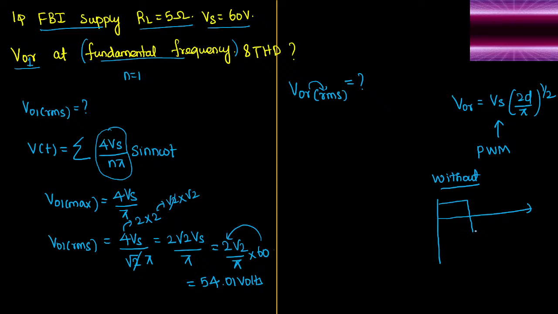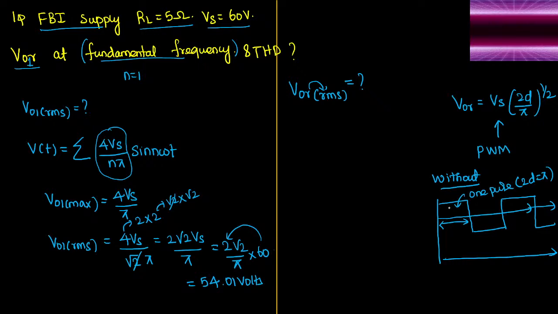Up to 180 degree you will have positive, after 180 degree you will have again 180 degree negative, again 180 degree positive, again 180 degree negative. It will keep on going. Here, without pulse width modulation, you can observe we will have only one pulse. Here the pulse width 2D equals pi, only 180 degree.